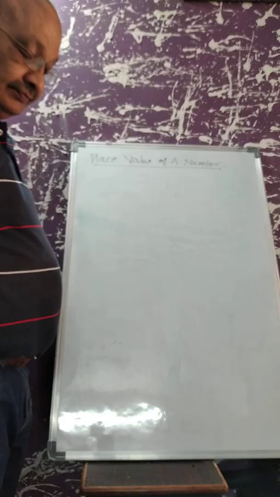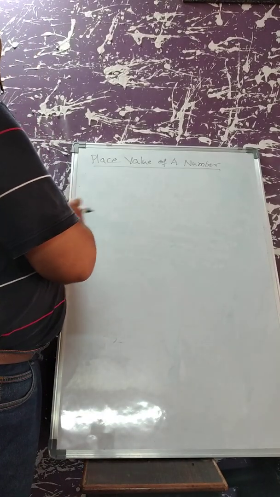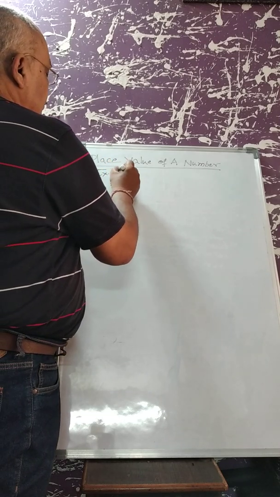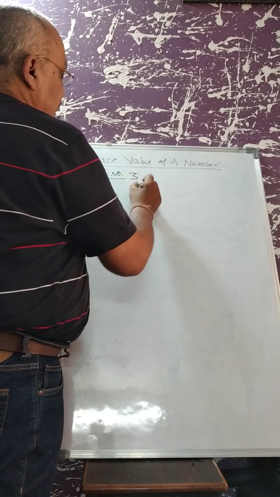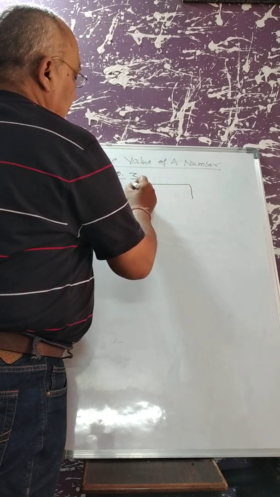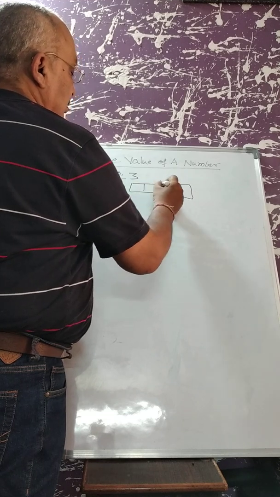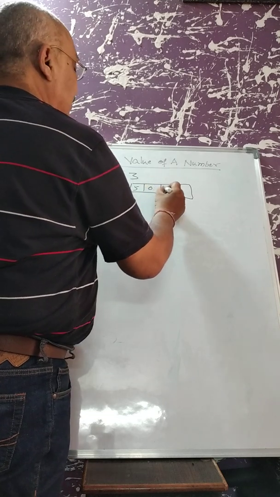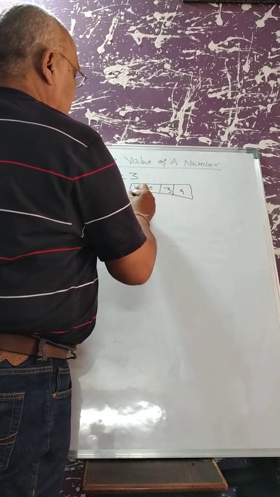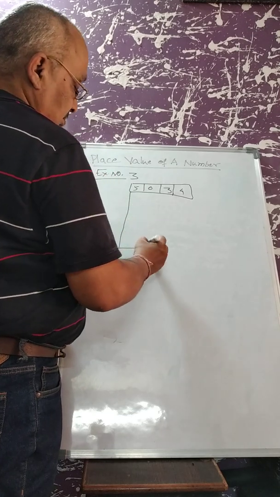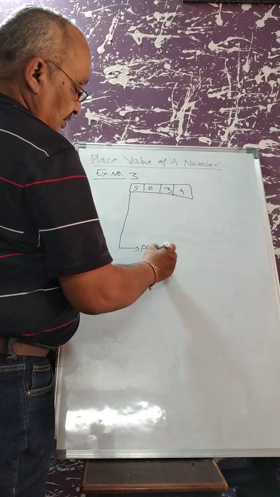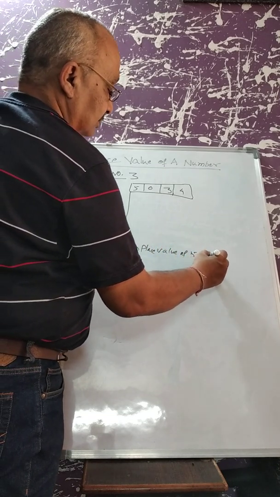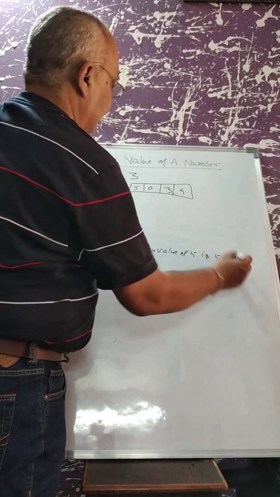Example number 3. The number is 5034. Now the place value of 5 is 5000, isn't it?